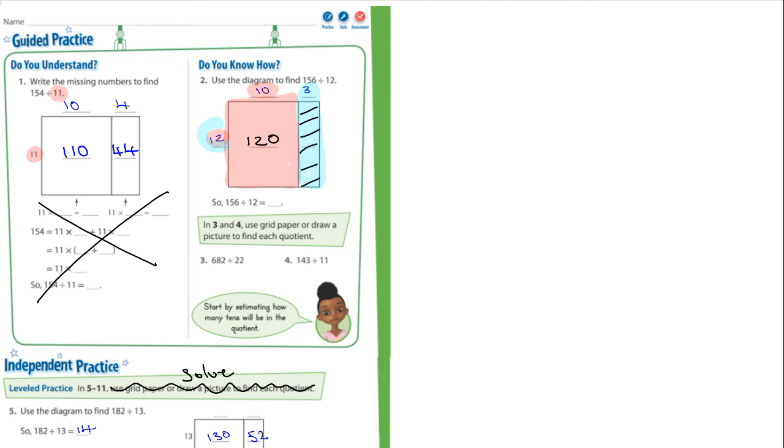Yeah, 36. Area is simply length times width. So 156 divided by 12 is what? 13. Okay, yeah, put up 20 points.